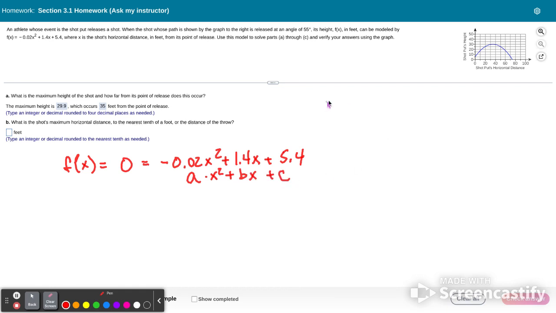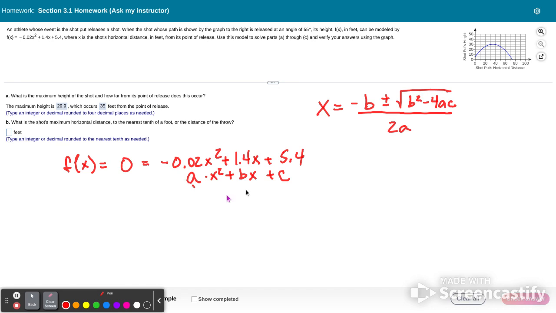And my quadratic formula is x is equal to negative b plus or minus the square root of b squared minus 4ac, all over 2a.